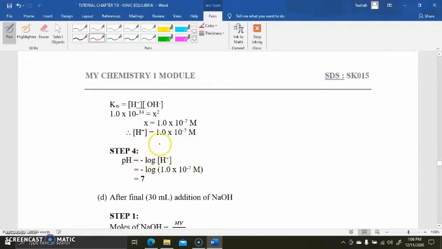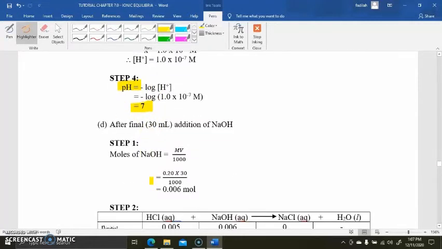Okay, so dapat concentration H+, maka substitute dalam formula pH, dapatlah pH at equivalence point equals 7. Inilah bukti. Bila kita dapat neutral salt, macam mana kita nak cari pH? Kita cari daripada water dissociation. So, kita nampak kat sini, untuk strong acid, strong base, equivalence point adalah pH 7.